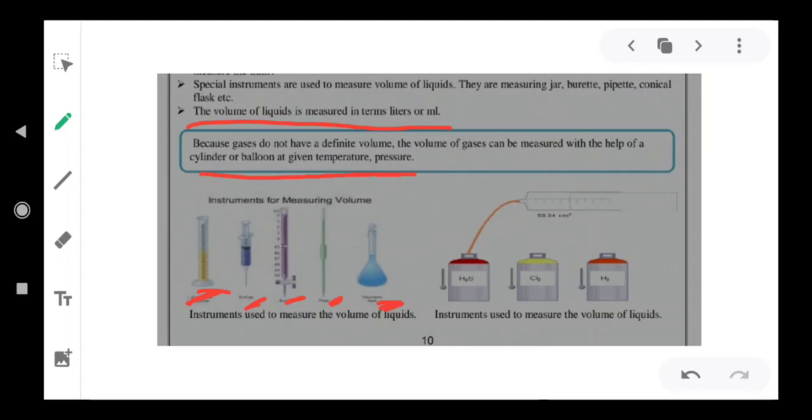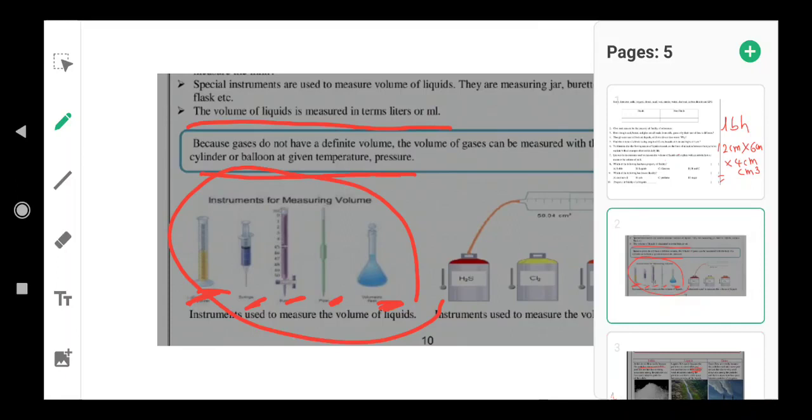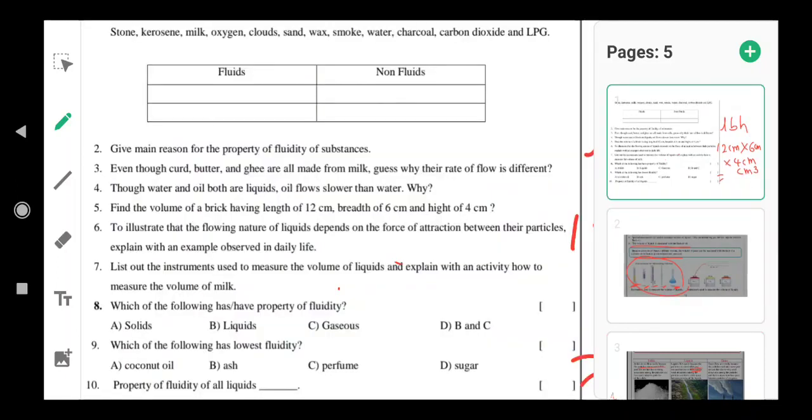And for liquids we use these measuring instruments. So for milk also we use beakers or these instruments. These are the instruments which we use to measure the volume of liquids.